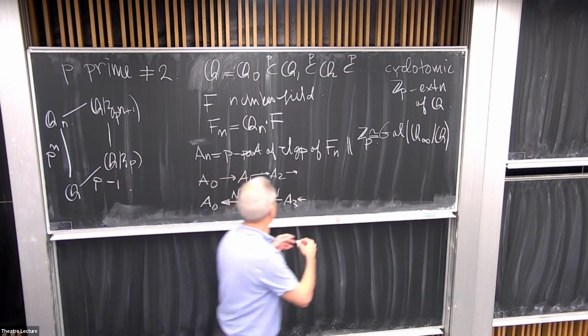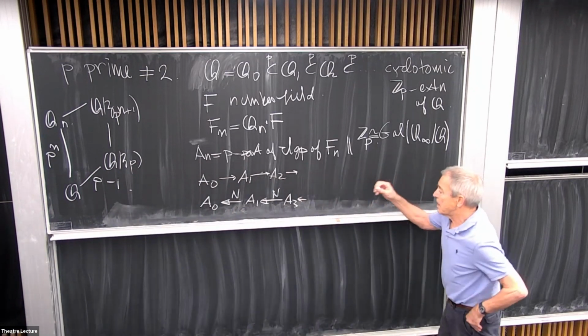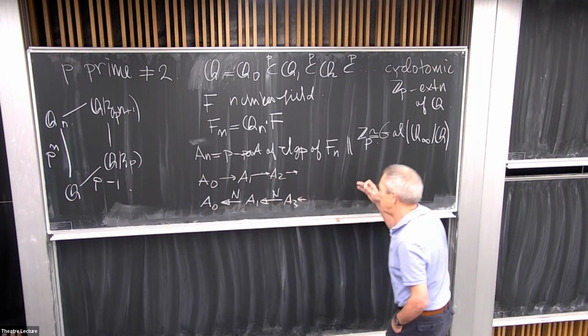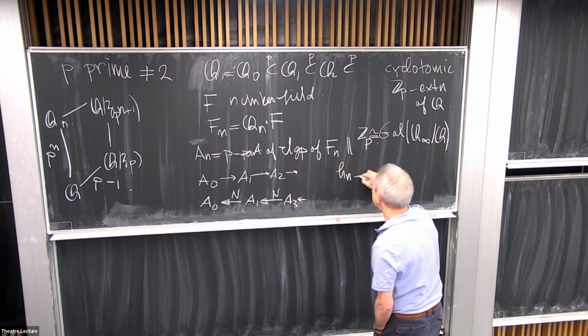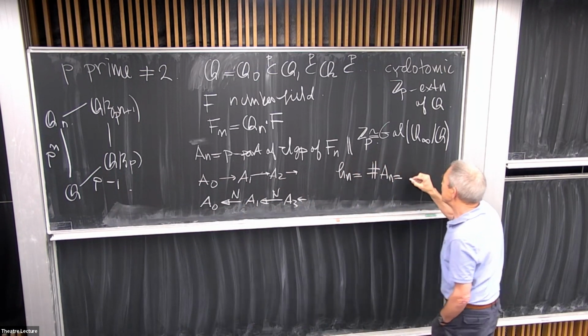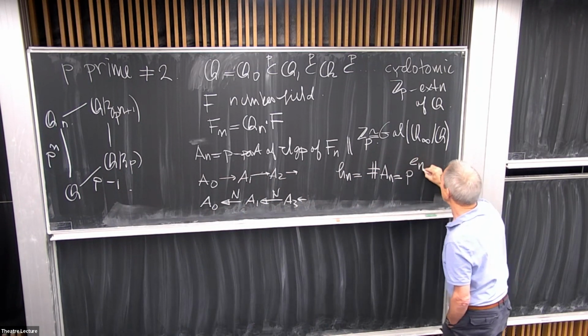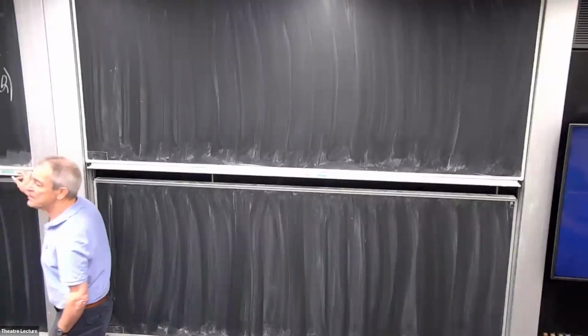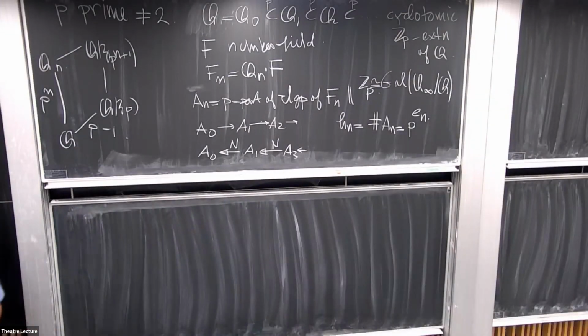So this is the object of study: how this behaves. We have h_n, the cardinality of A_n, which is a power of p, p to the e_n. One is interested in the growth of this.